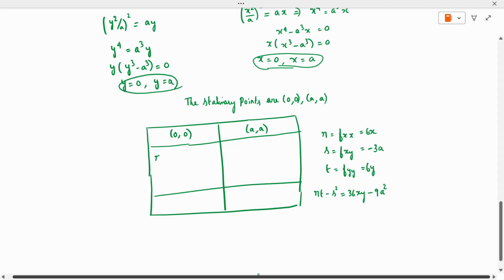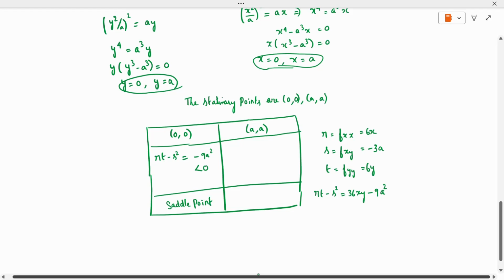When I check it at (0, 0), I'll be getting minus 9a squared, which is negative, less than 0. Less than 0 means it's a saddle point.